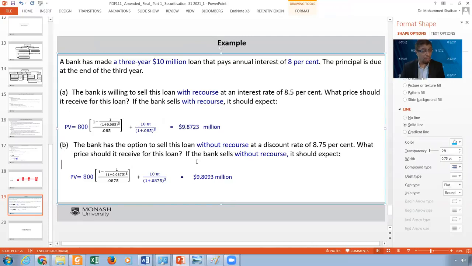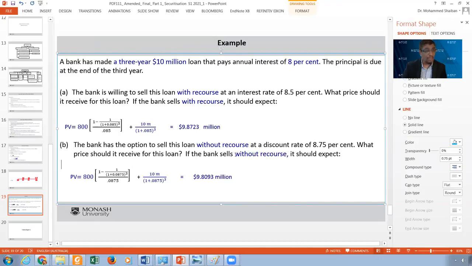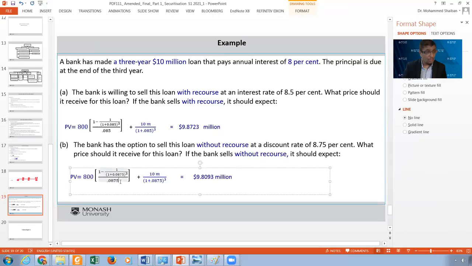But if the buyer is willing to go with assignment, and most loan sales are actually assignment, sold without recourse, which means the originator has nothing to do with any future credit risk, then the buyer will get it cheaper, and will ask maybe for 25 basis points more.